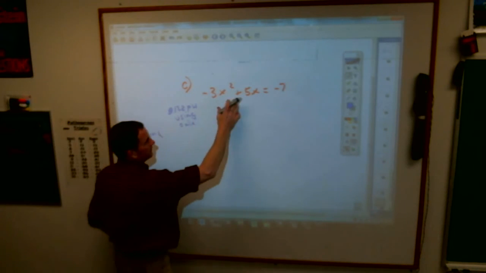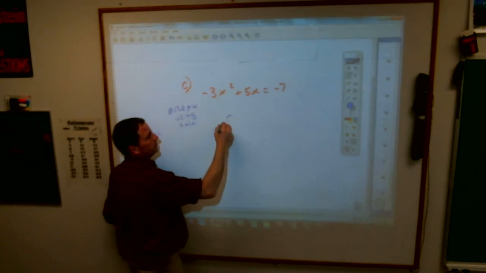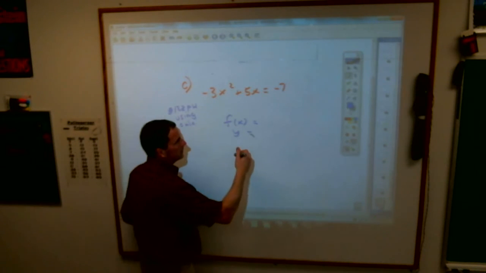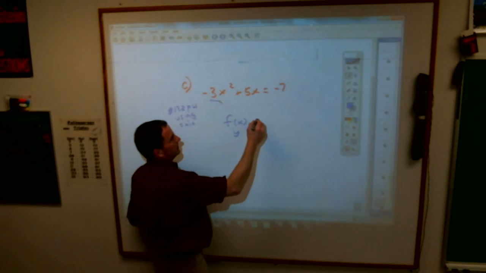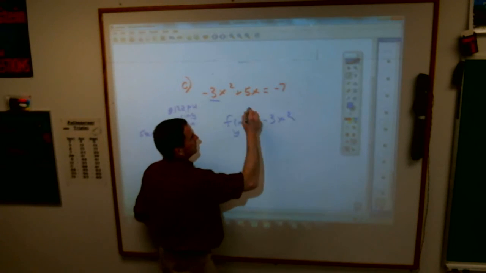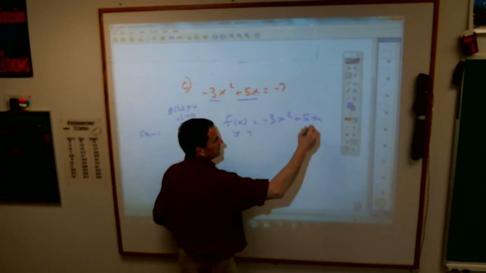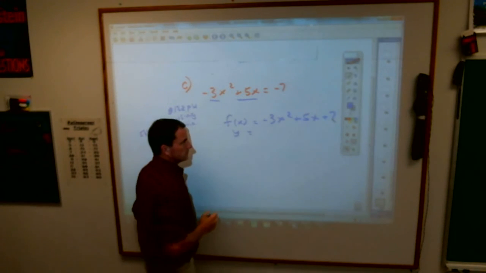That just means move everything to the left side where you get the function of x, or y if you like, it doesn't matter what you say there, equals negative 3x squared plus 5x, but you need to move the 7 to the other side so it becomes a positive 7.